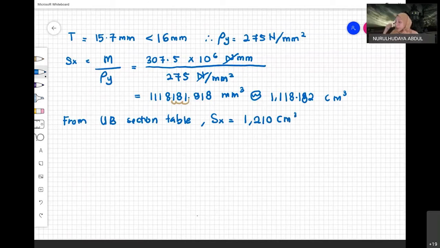So when you get the UB section SX from the table, which is 1210, what does it mean? When you compare it with the SX you calculated due to the moment, the SX you provide must be more. If not enough, we must provide more than the loading, than the moment that comes from the load. So it is bigger than this 1118.182.